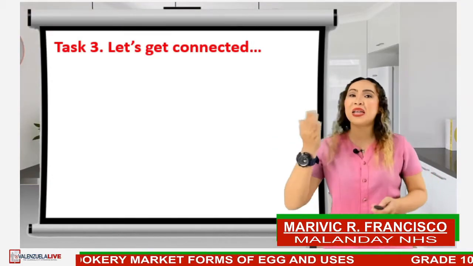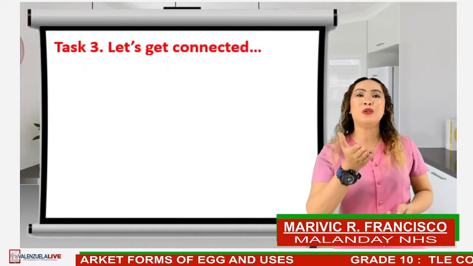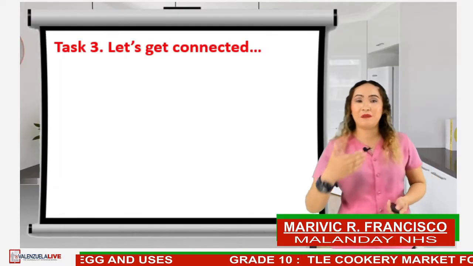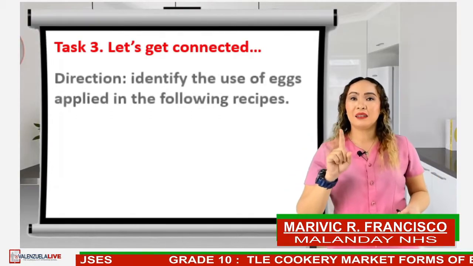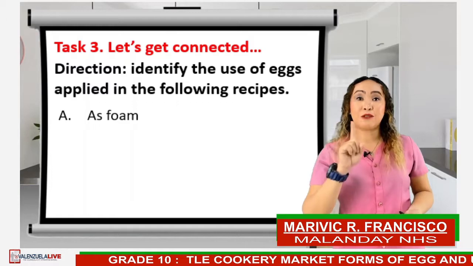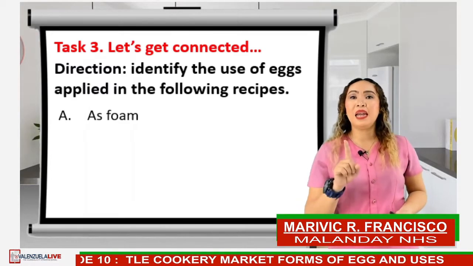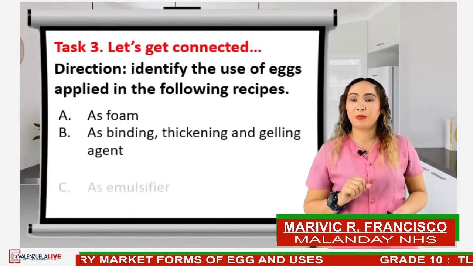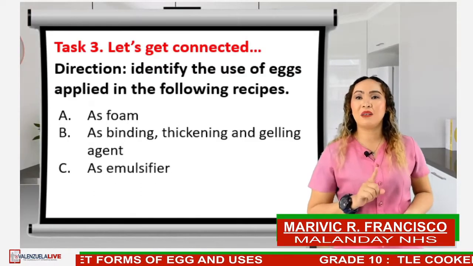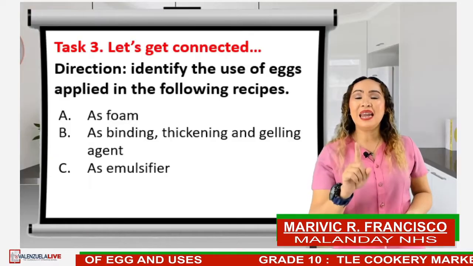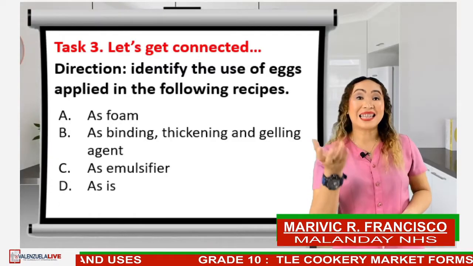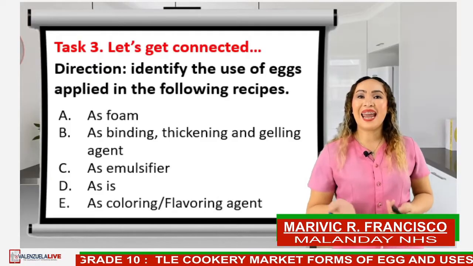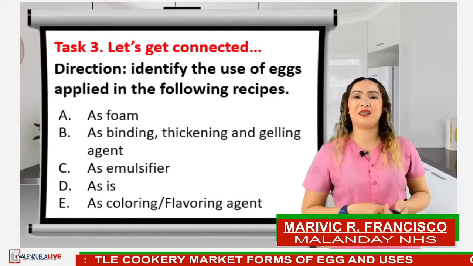I will show a recipe and you are going to identify the use of eggs by writing: A as foam, B as binding, thickening, and gelling agent, C as emulsifier, D egg cooked as is, then letter E, egg as coloring or flavoring agent. Are you ready?